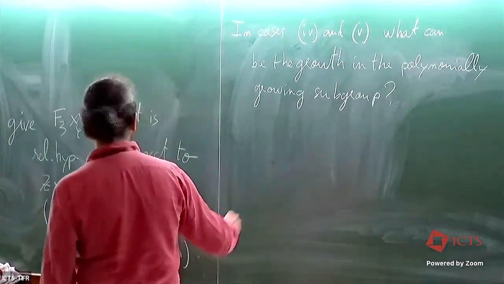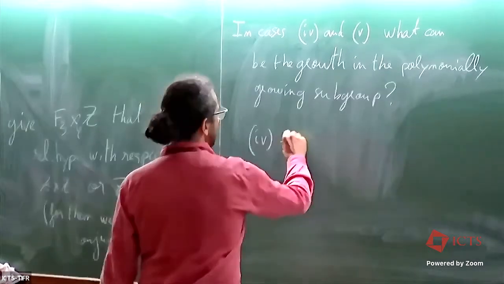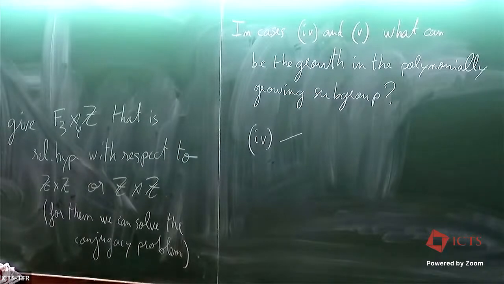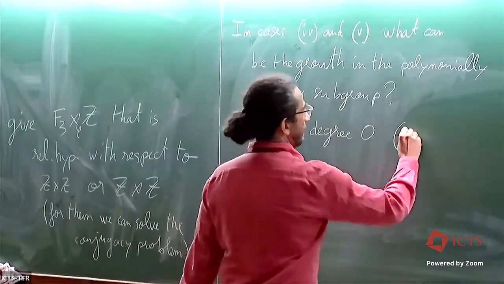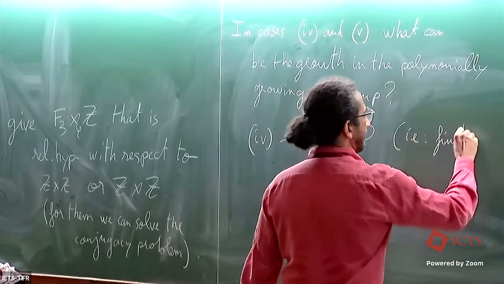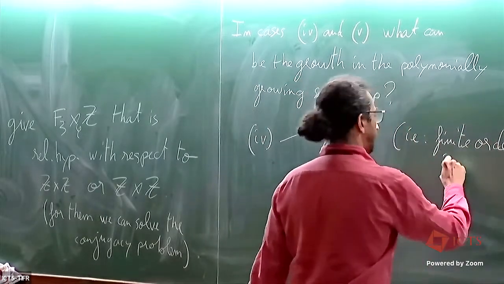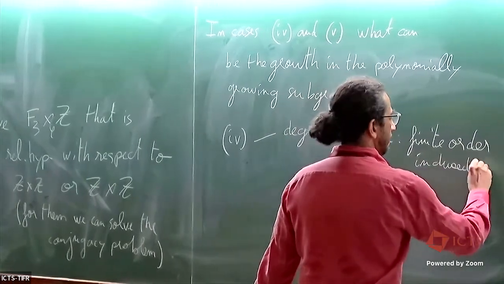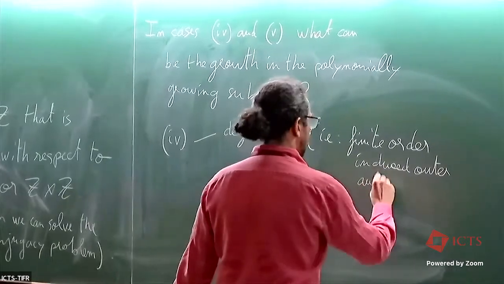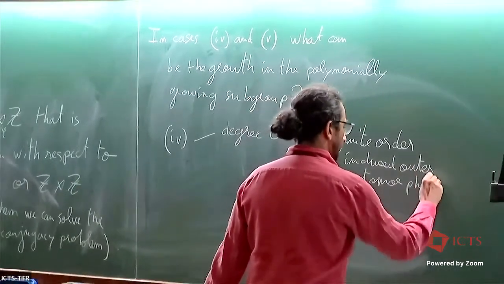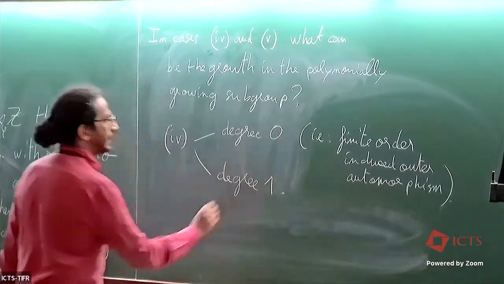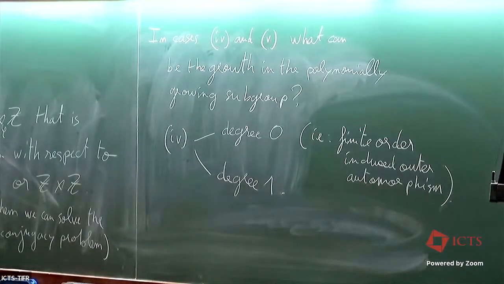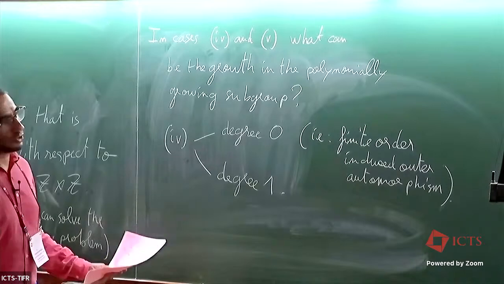So in case 4, the rank of the polynomial subgroup is 2, so growth is either of degree 0 or 1. Degree 1, yeah, I'll come back to that, but I will not say anything.